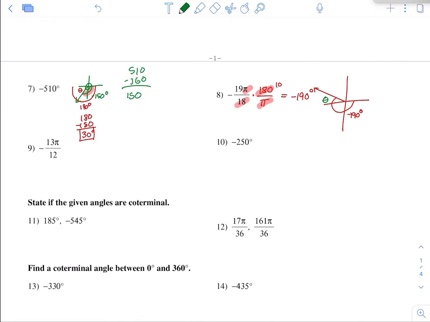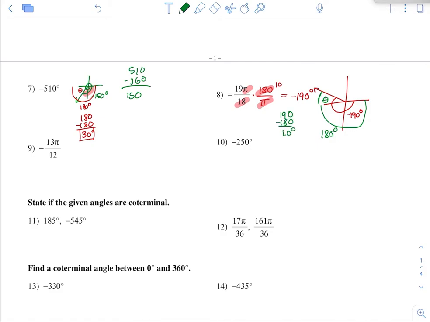That theta would be negative 190, that's the whole thing, but we only want this little piece right there. So we know that this is 180 degrees, right? So if we do 190 minus 180, then this angle measurement would be left over. So 190 minus 180, 10 degrees.